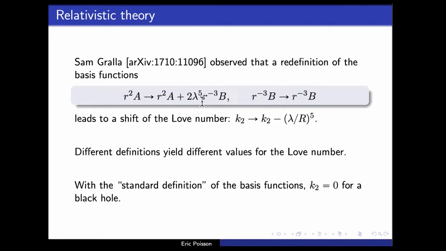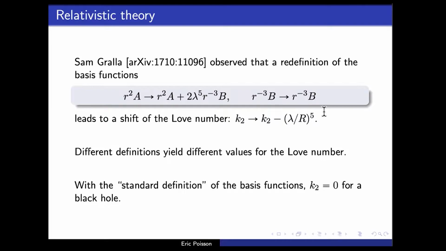So depending on what you choose for that scaling parameter over here, something that has the dimension of length, you would find that the K2 that was properly assigned under the previous choice of basis functions, if you make this redefinition, would be reassigned to something different. So in a different basis, Love numbers for black holes would not be 0, they would be -12 or whatever the number turns out to be.